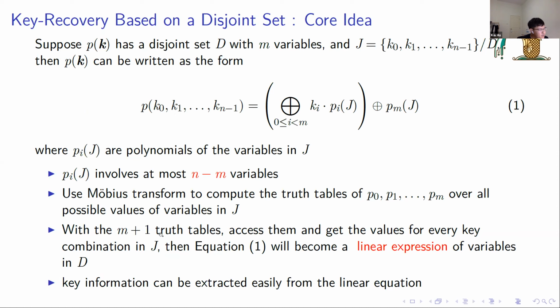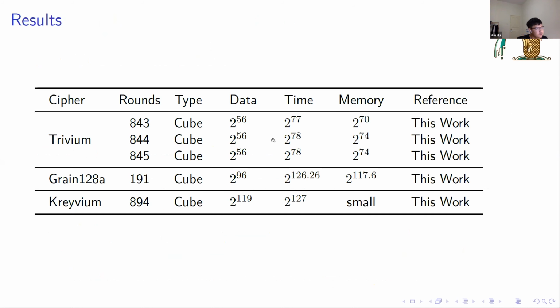With the m+1 truth tables, we can access them and get the values for each key combination in J, and then this equation becomes a linear equation. With the linear equation, we can recover some key information more easily. And this table shows the key recovery attacks in this paper, and they are improved according to the rounds.